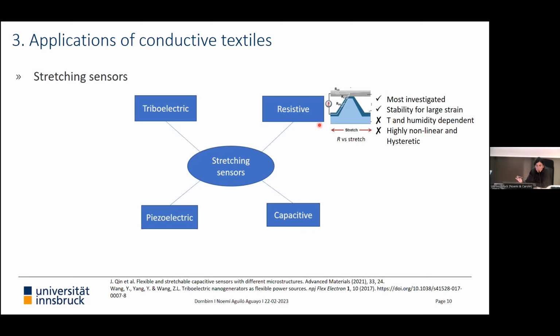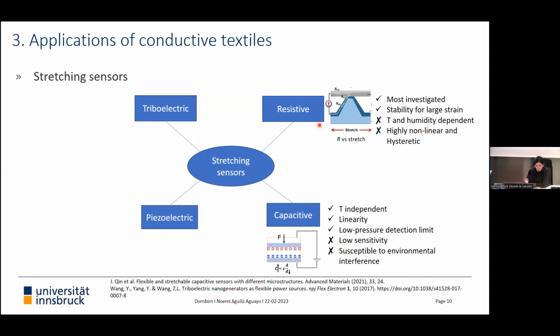This could also be an advantage because you could create a different type of sensor, a temperature sensor. We will talk also later about this. And another problem is the response of the resistance versus the stretch, the strain. That is non-linear and it has some hysteresis.